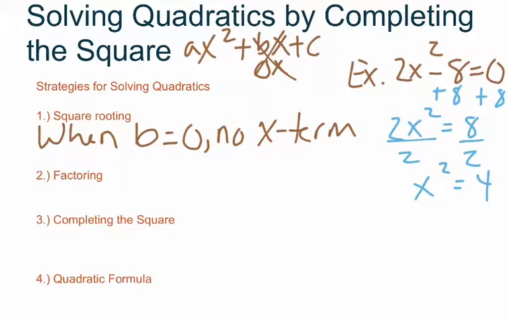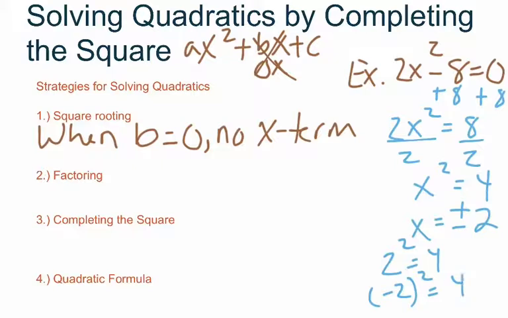And here's where you want to be careful: it's actually plus or minus 2, because 2 squared would give you 4, but negative 2 times itself would also give you 4. So this one actually has 2 answers. That's what taking the square root looks like. Right in this step here, we were taking the square root.